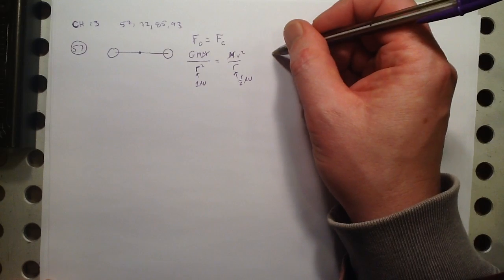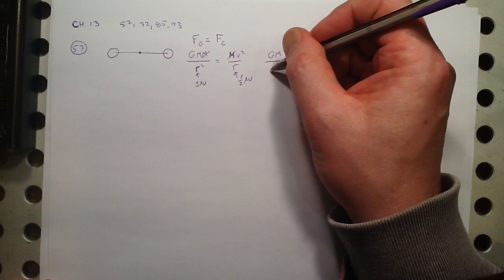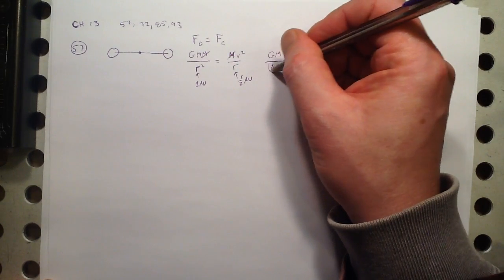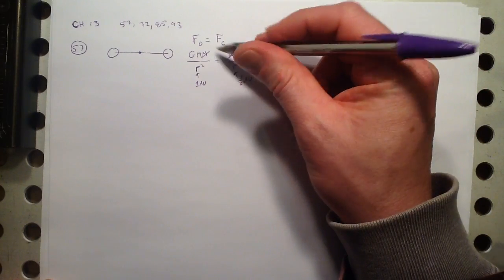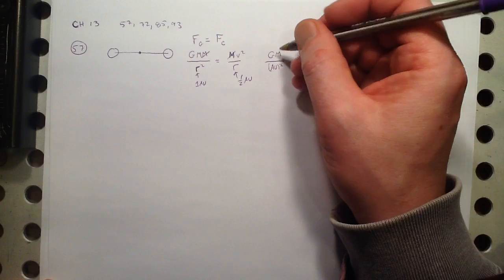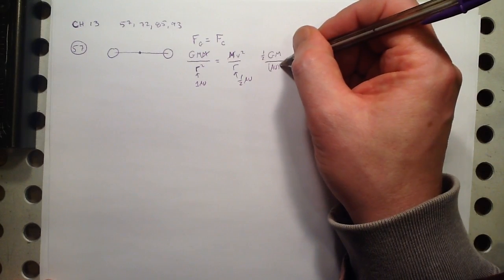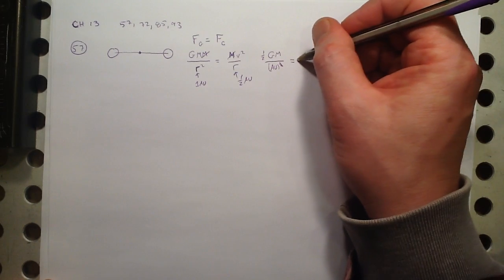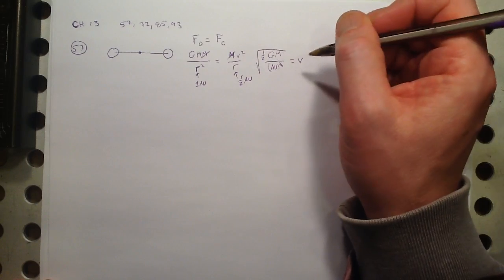That would give us G M over, I'm going to leave that as AU squared, and then this one would multiply up to the other half, and I get 1/2 of an astronomical unit, and that would cancel out one of those. That's equal to v squared, so v would be the square root of this.